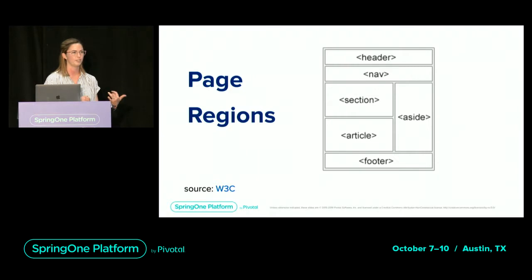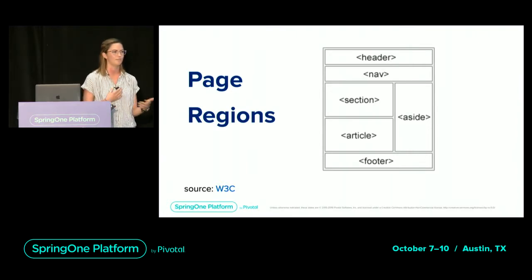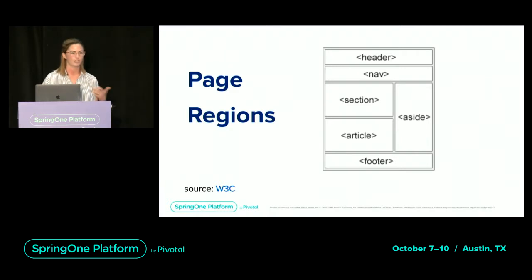you can think of page regions, sometimes called landmark elements, as the content. A lot of developers are familiar with these elements, but they don't necessarily use them, maybe because they don't give you that same out-of-the-box functionality that something like a button would give you.